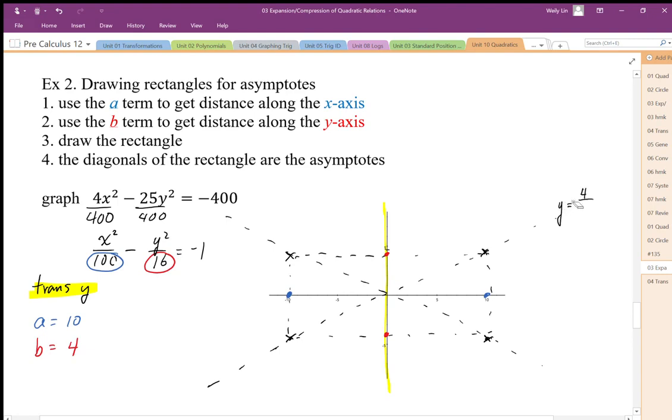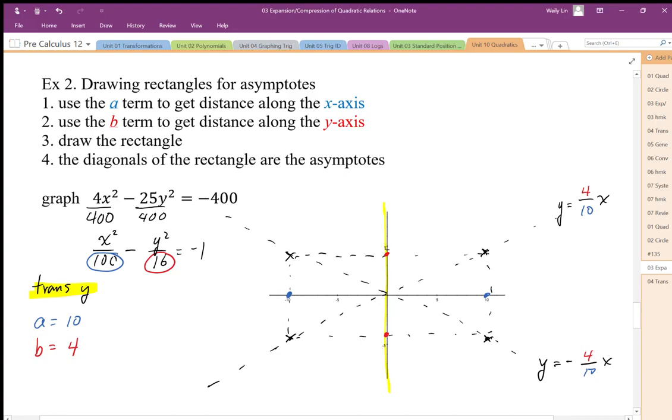I have to do that in the right colors. My rise of 4, my run of 10. And not only that, we have plus minus. So these are the equations of my asymptotes.